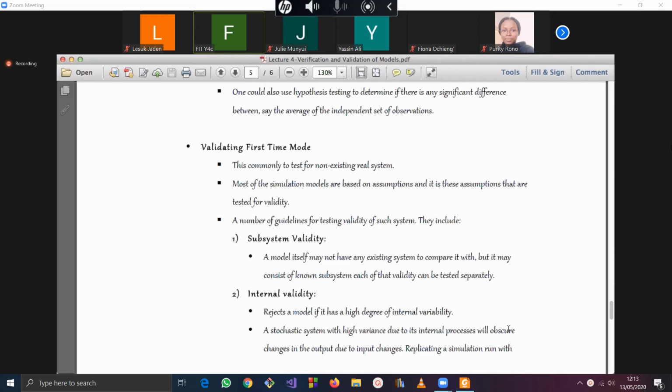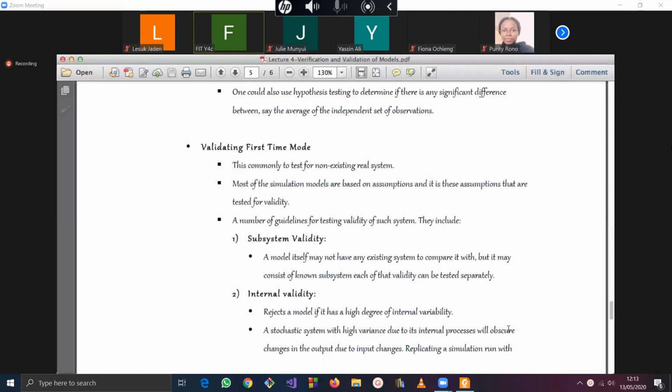If you have a model and when you use it, or a system when you put it in place and it gives results which nobody else can accept, then it suffers from internal validity and therefore should not be taken. And this is very, very important in system implementation.